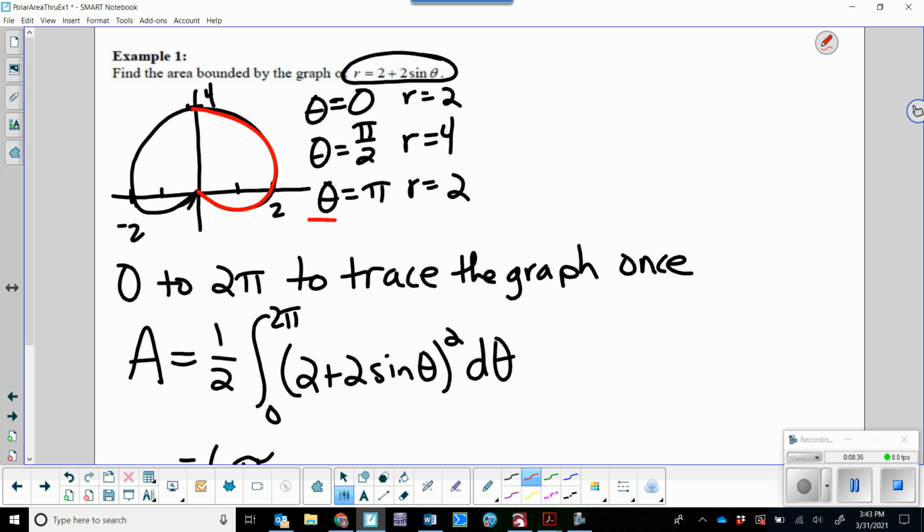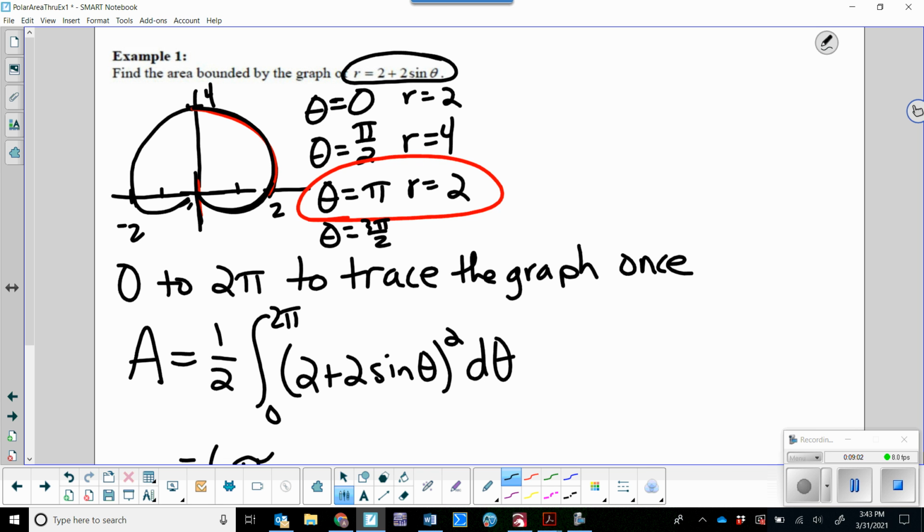Oh, and by the way, mentioning this too, could I do 0 to pi? Because when I plugged in pi, didn't I get a radius of... oh, not 0 to pi then, sorry, I'm doing the wrong thing. That won't work. 0 to pi wouldn't be where it was symmetrical. Where it would be symmetrical would be where this started around to that point. That point's at pi over 2, so I bet this bottom one is at 3 pi over 2.